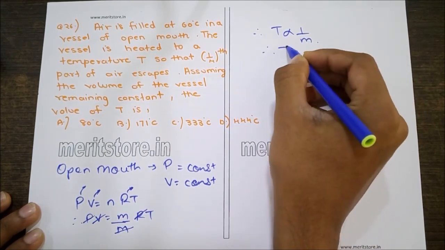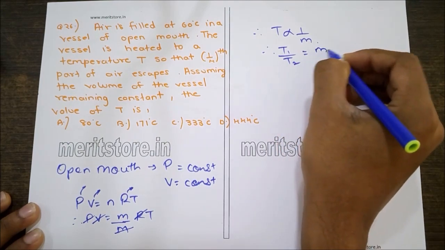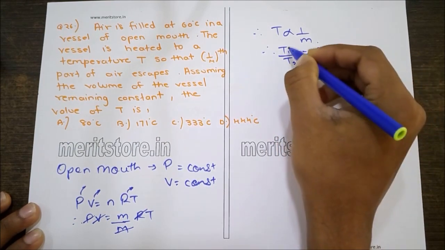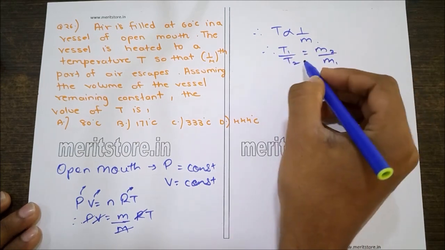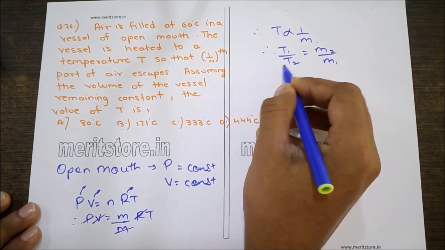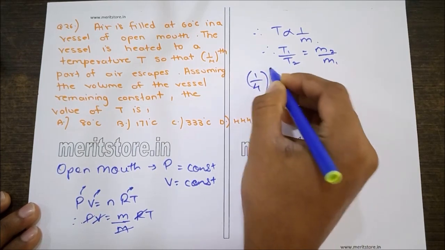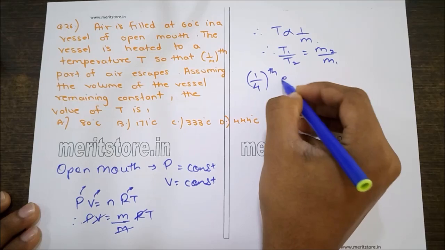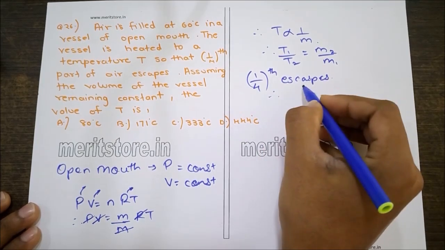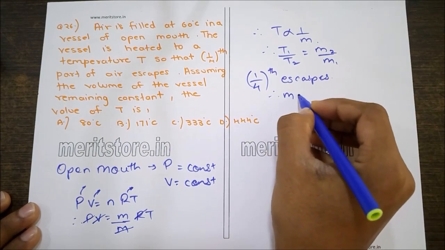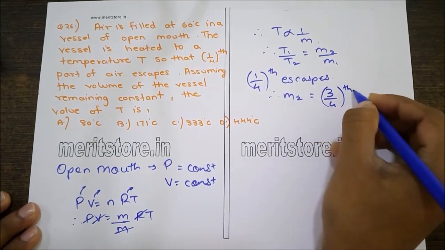So T1 upon T2 is equal to M2 upon M1. T1 and T2 are the temperatures at state 1 and 2. Now after the gas is heated, 1/4 of the mass escapes. So therefore M2 is equal to 3/4 of M1.